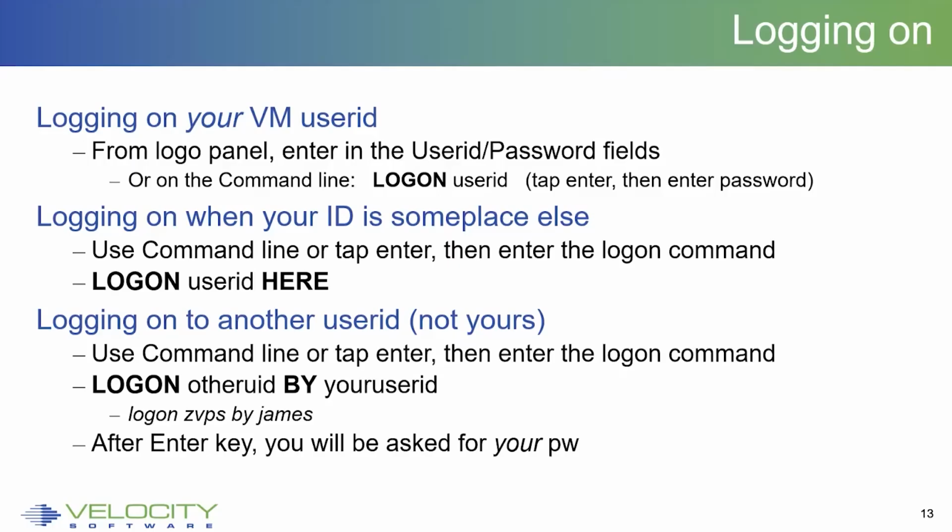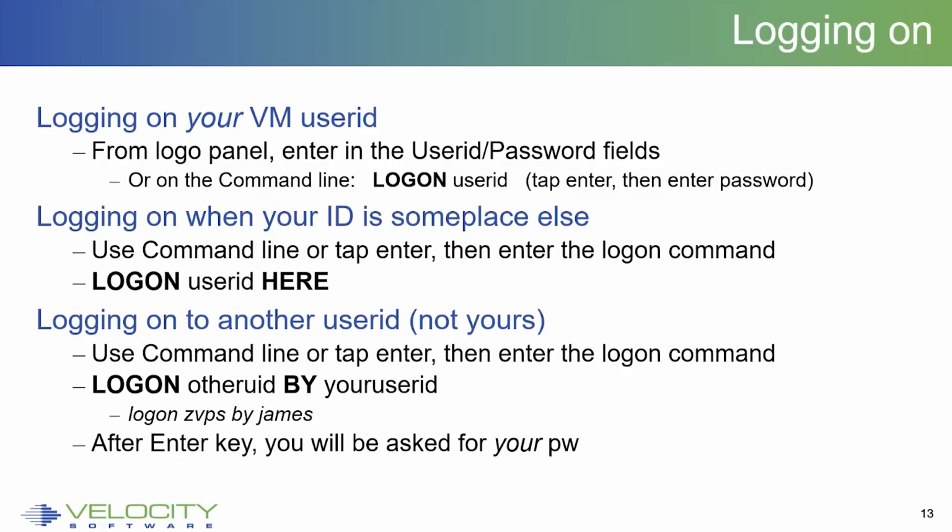And probably for the future, you may need to log into a user ID that is not yours, but you've been assigned what's called surrogate access or logon by access to be able to get access to that user ID. So you would actually log on to another user using your user ID and credentials.